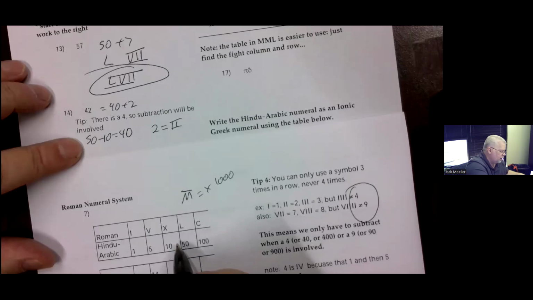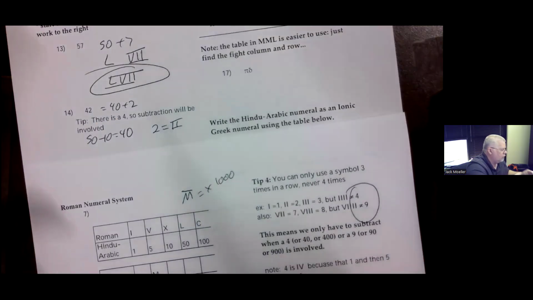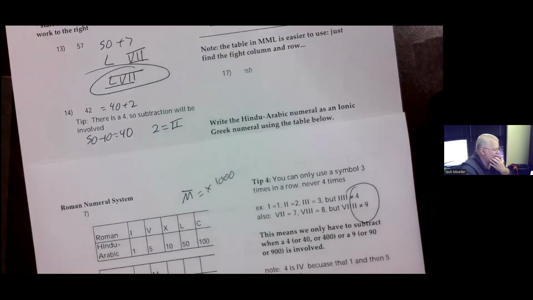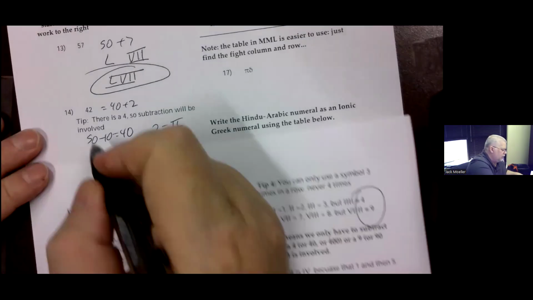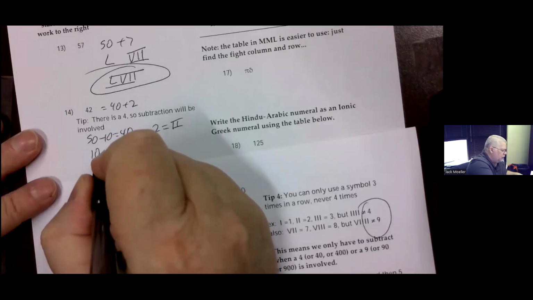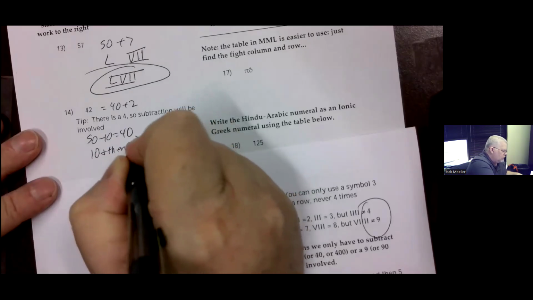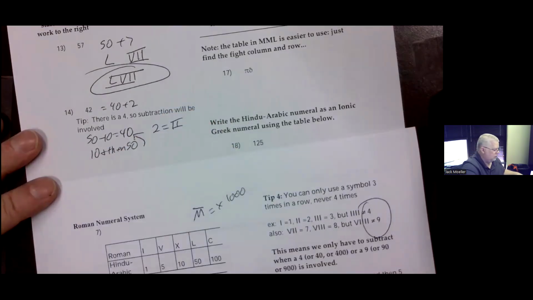To get 50 minus 10, here's where you have to be careful. Is it XL or is it LX? Remember, if you're increasing from left to right, that means a subtraction. So we need 10 and then 50 to get 50 minus 10.